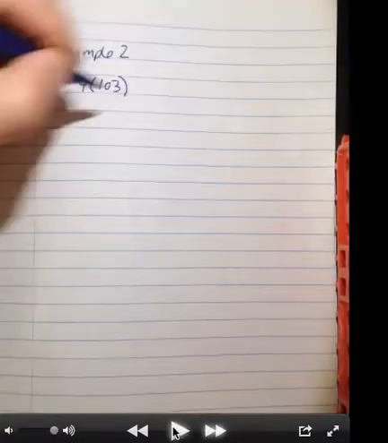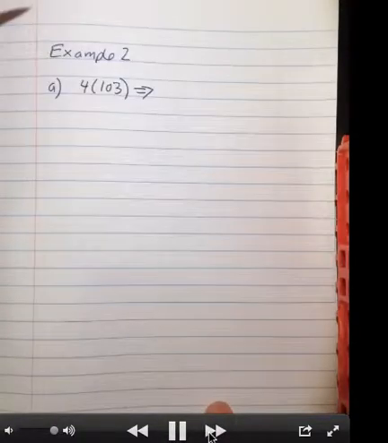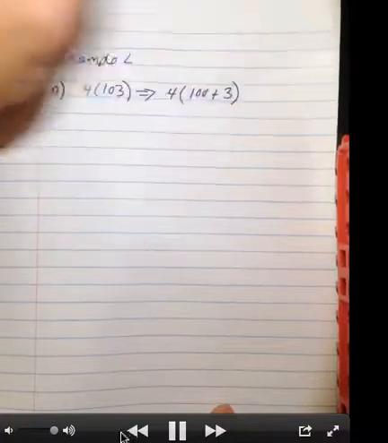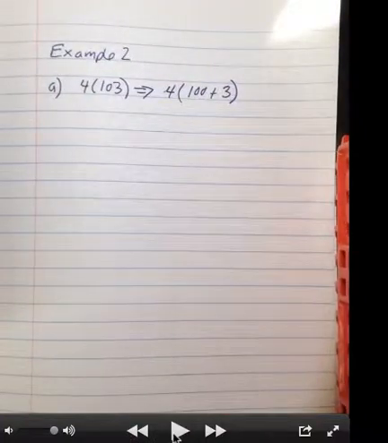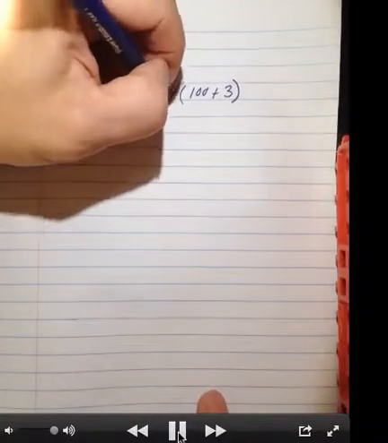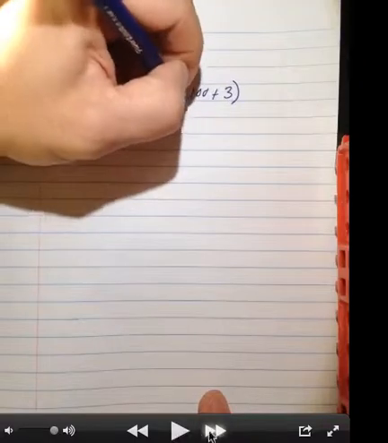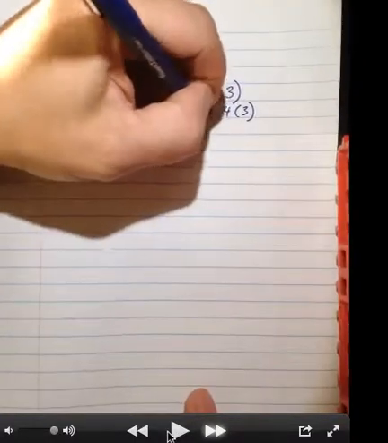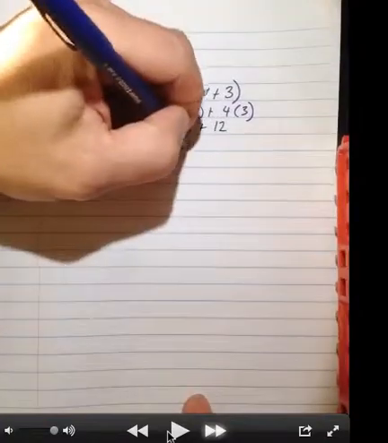So 4 times 103 can be broken into 4 times 100 plus 3. We can do 4 times 100, we can do 4 times 3, and then combine it back together. 4 times 100 is 400, 4 times 3 is 12, so it's 412.